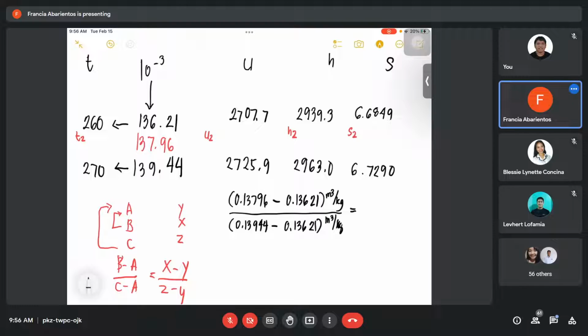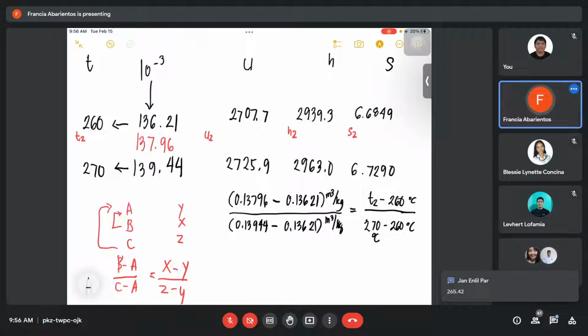So, dito sa kabila, yung T2 is equal to 260. 270 minus 260. Unit, degree Celsius. Okay? So, ano, class? What is now the temperature at point 2? Wow! Automatic?